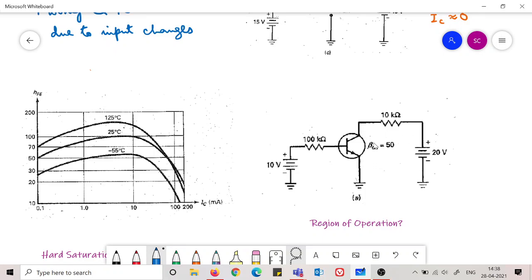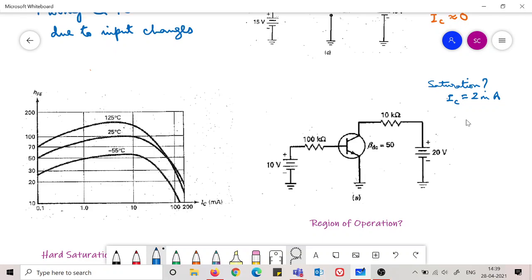So what is the current in this circuit? That is IC. So we are trying to ascertain whether saturation or not. The IC will be 20 by 10 kilo ohm, 2 milliamperes, right?